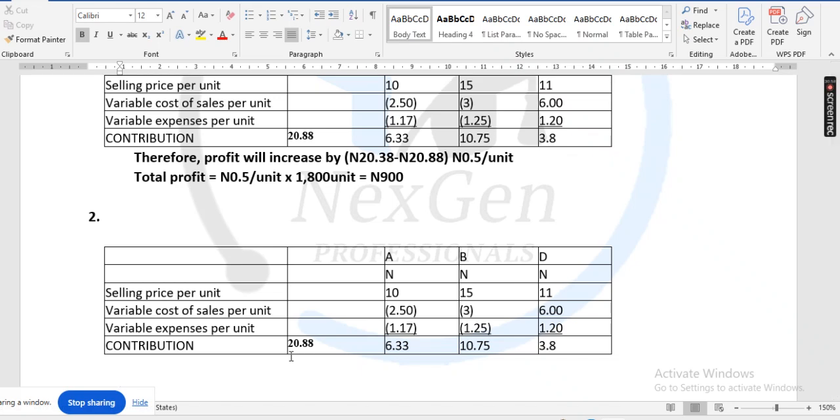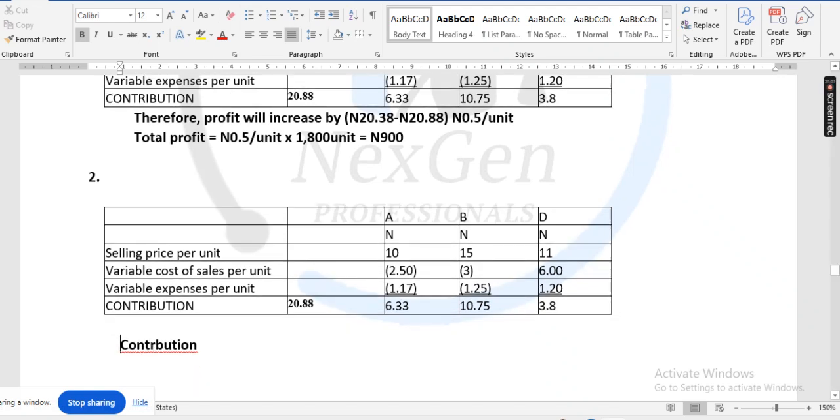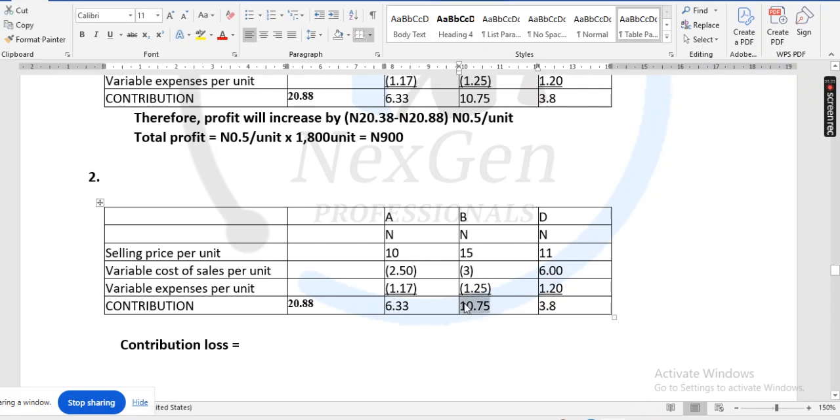Now, what is the contribution loss as a result of discontinued product C?